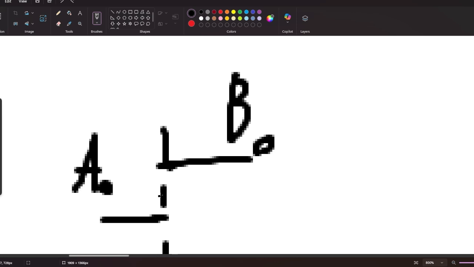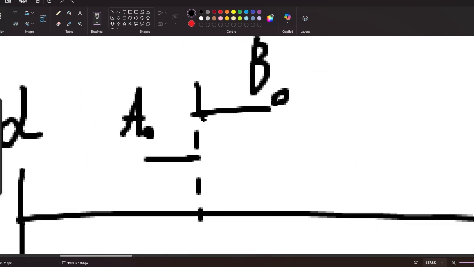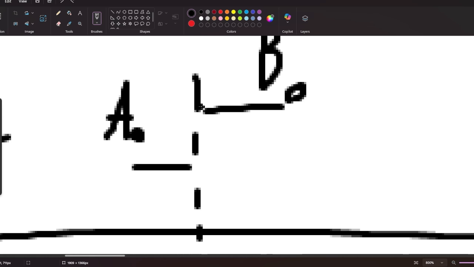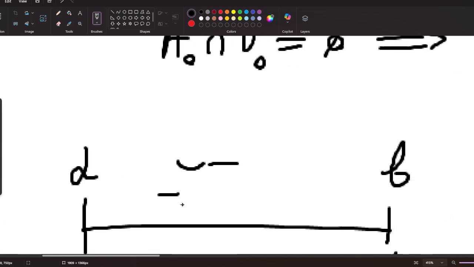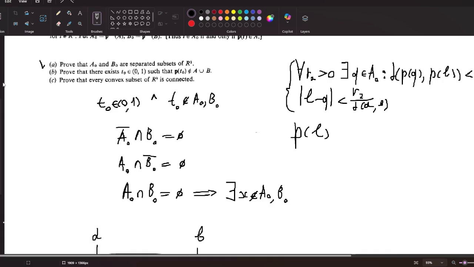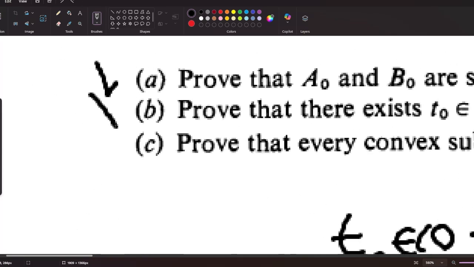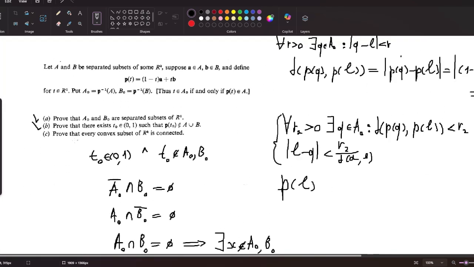One, it could be a limit point of A0 and B0. And as we have proven already, A0 and B0 are separated, so it can't be a limit point of both. So instead, those are supposed to be separated by a gap like this one. I know it's very unrigorous, but I can't really paint a lot of stuff in Paint, and I also have really little time right now. I have to literally speedrun this.